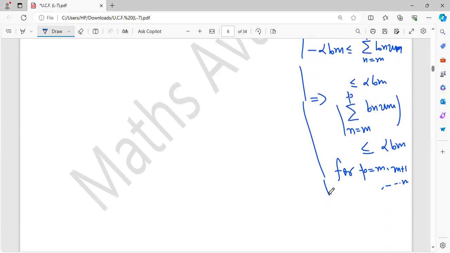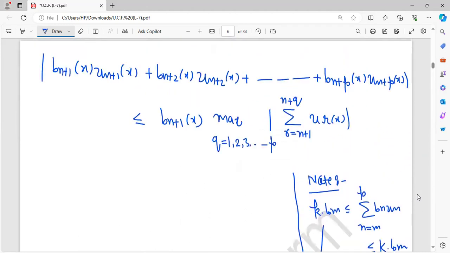So what does it mean? It means we can also write: we can take the maximum over p going from m to n of the summation, which is less than this. The same thing is happening here, so that is why we are writing the maximum directly, because this is going to be finite.